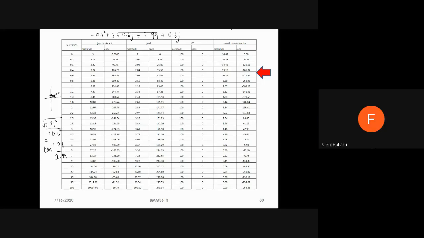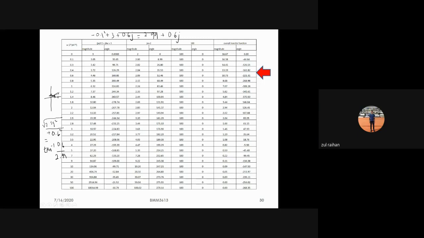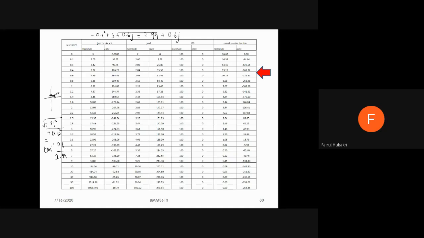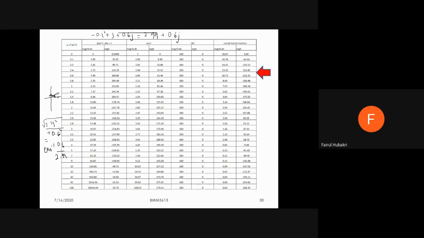Betul. For angle, you get... Yang magnitude dapat, yang angle tu tak dapat. Angle tu rasanya salah kira kot. Angle dapat 11 ke? Dia sengaja nak bagi korang pening. Okay, assume dia salah. 11.35 kan? 11 point something.